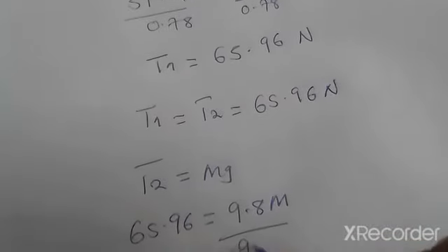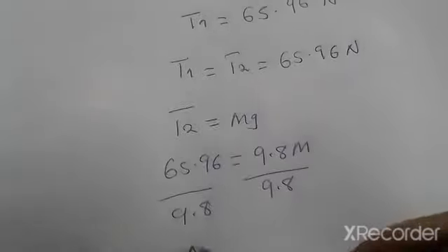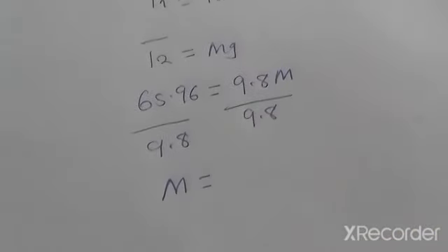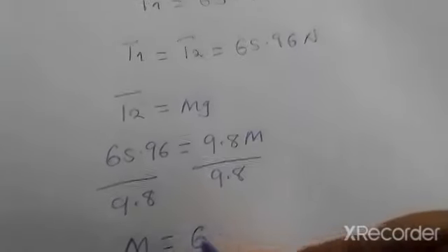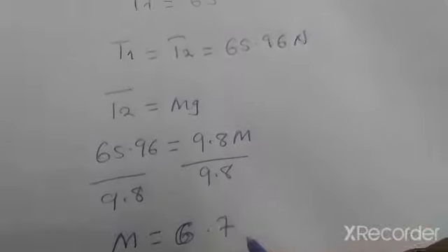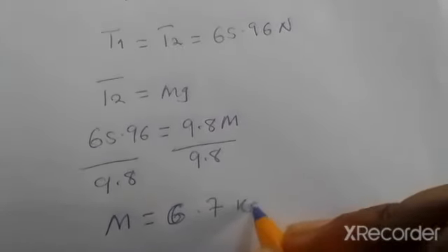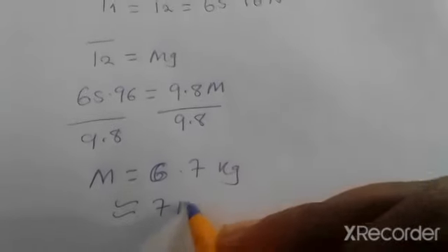Dividing by 9.8, m is going to be equal to 6.7 kg. We can approximate that to 7 kg.